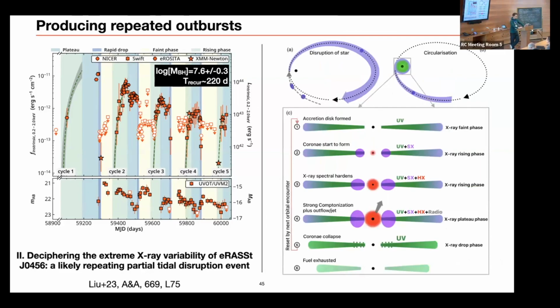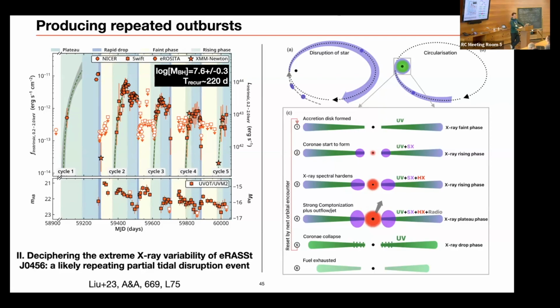Yeah, and so to go through a rough picture of what's happening, what we think is the UV flaring is likely from the accretion disk, and so it's going through cycles where you're potentially getting some material stripped from the star, forming the accretion disk and causing UV brightening.